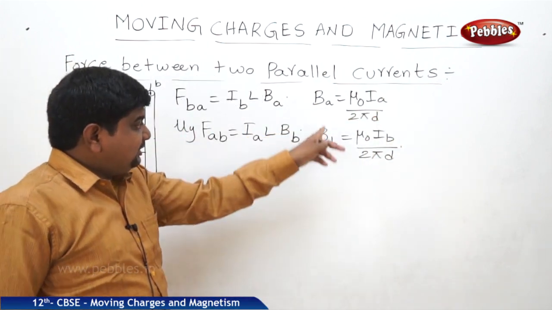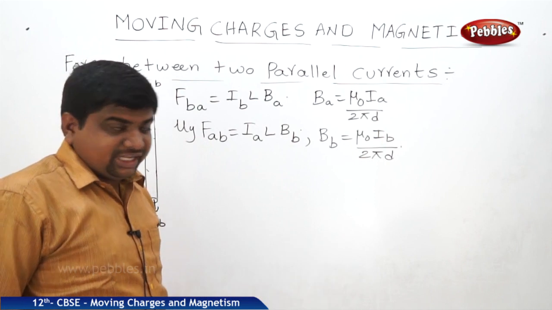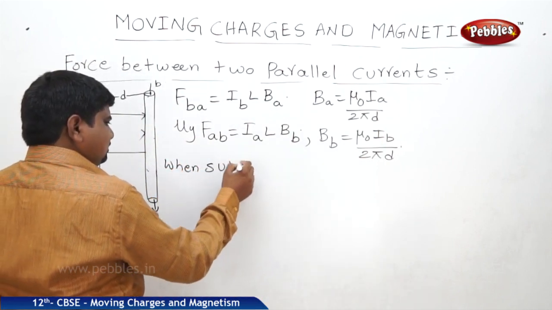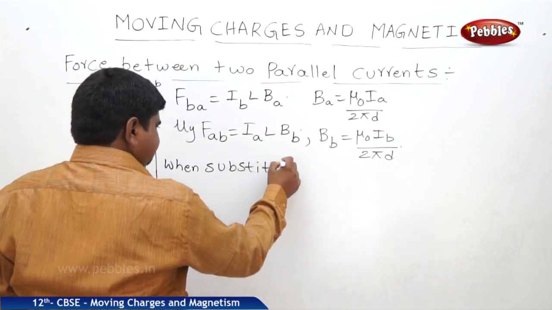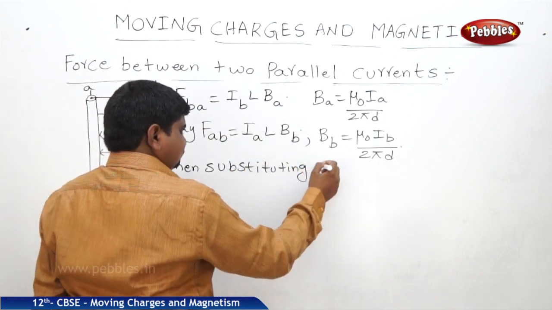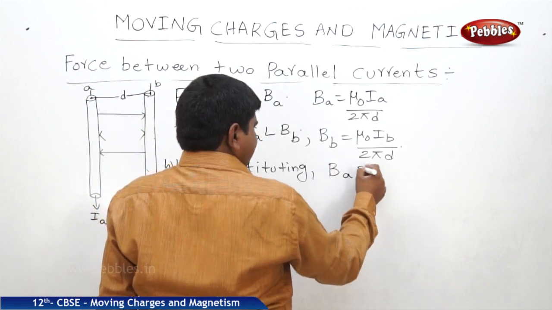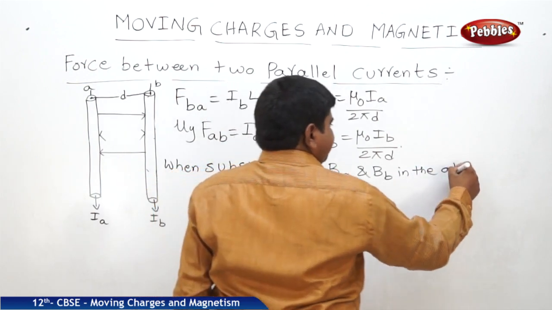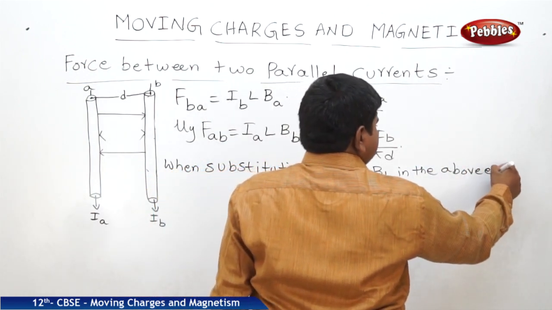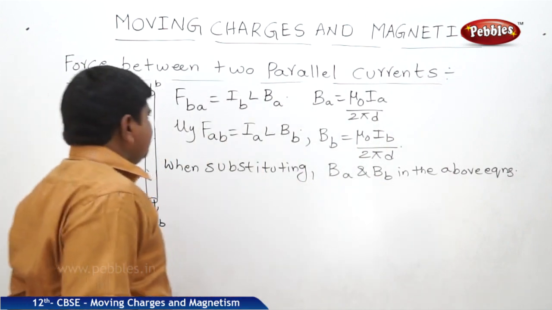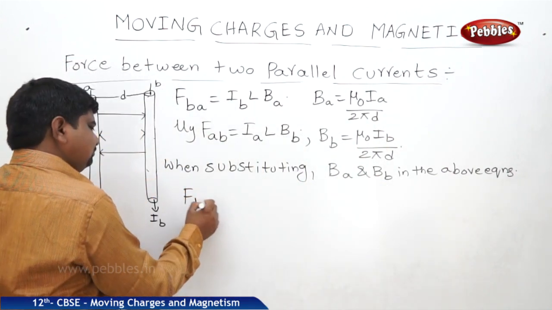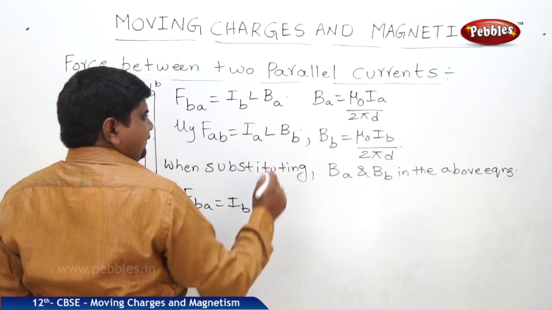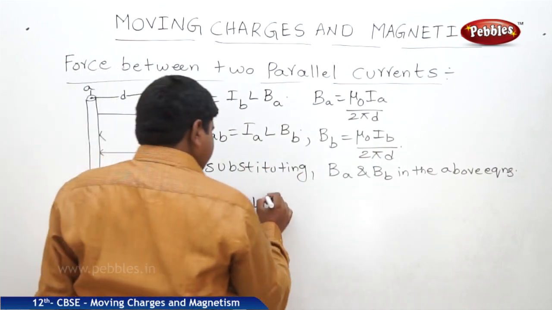So we can substitute these BA and BB values in the both corresponding equations. So when substituting BA and BB in the above equations, FBA will become IB L. What is BA? Mu naught IA by 2 pi d.